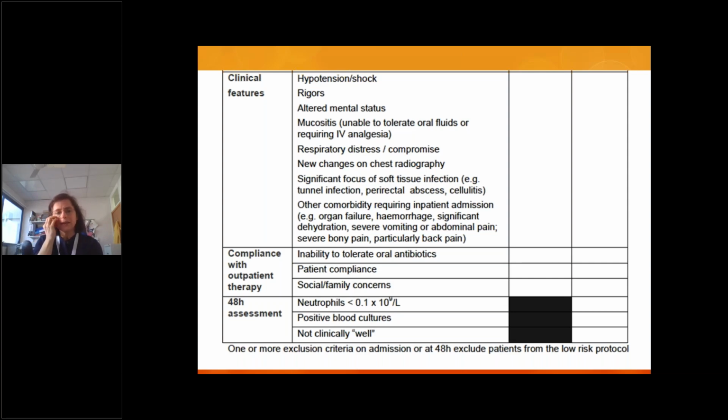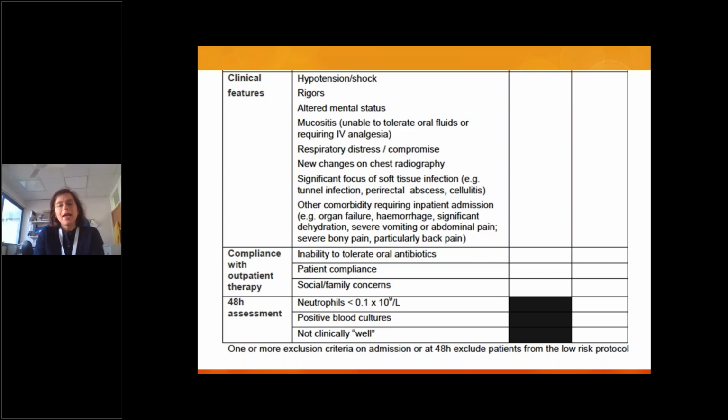It's a bit of a tricky one because we wouldn't perform a chest X-ray on any new febrile neutropenia. But if you've done it and you see changes, this is a patient who requires more attention. Or patients with a clear focus of infection or with other comorbidities. These are patients who will require more intensive treatment.